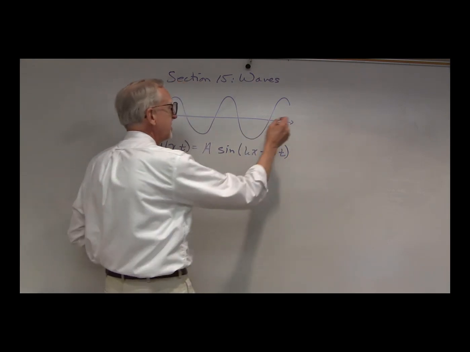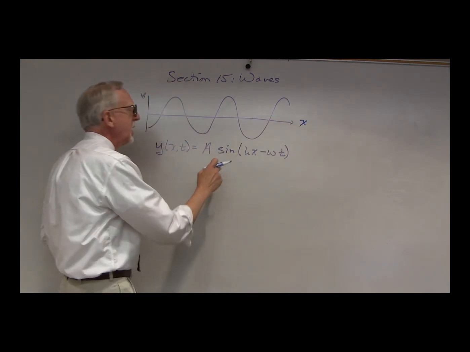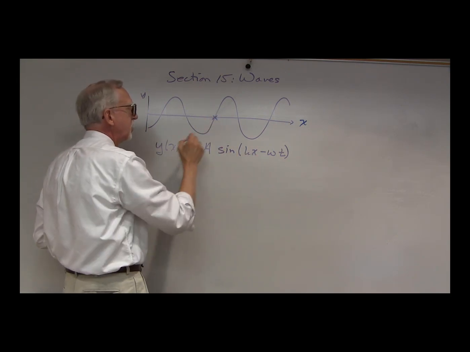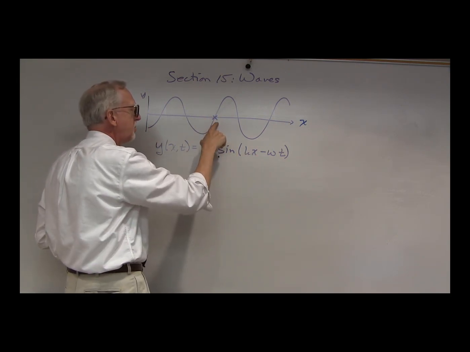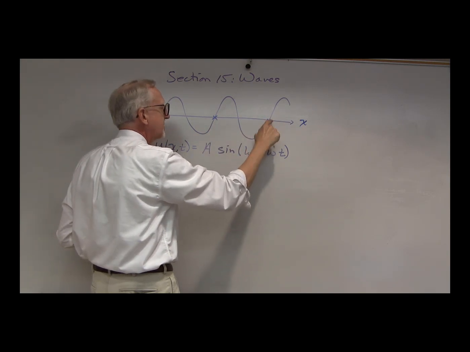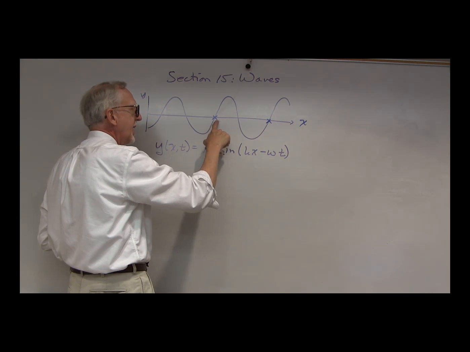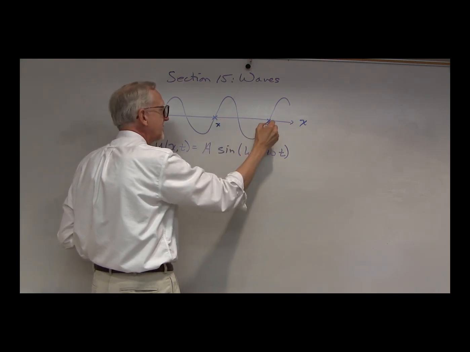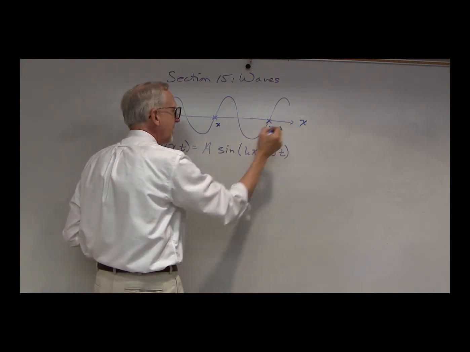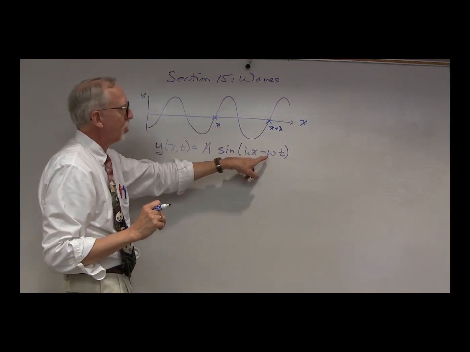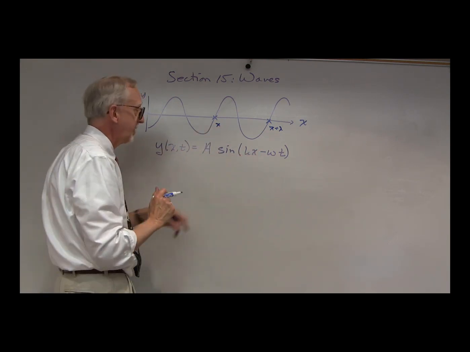I meant to write this as a function of x. If we increase our x variable, so increase x from some value to x plus lambda, looking at a constant time, so minus omega t will be a constant value.